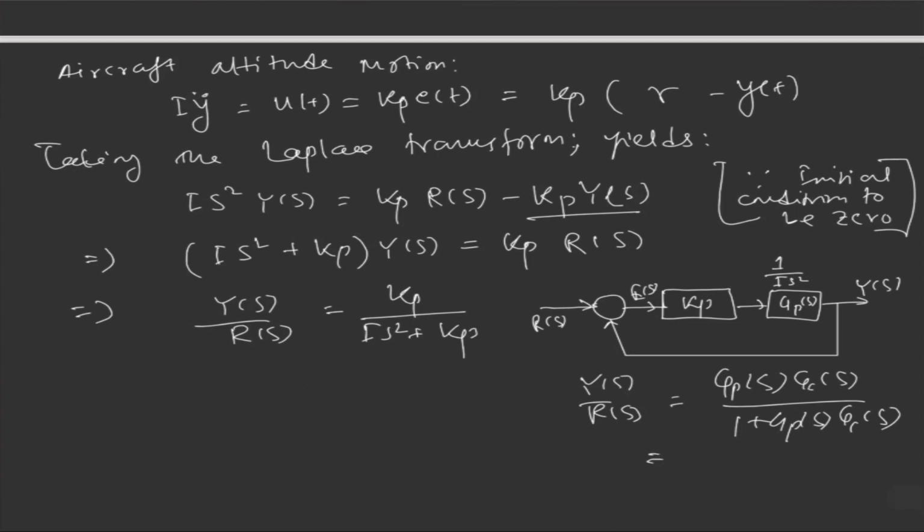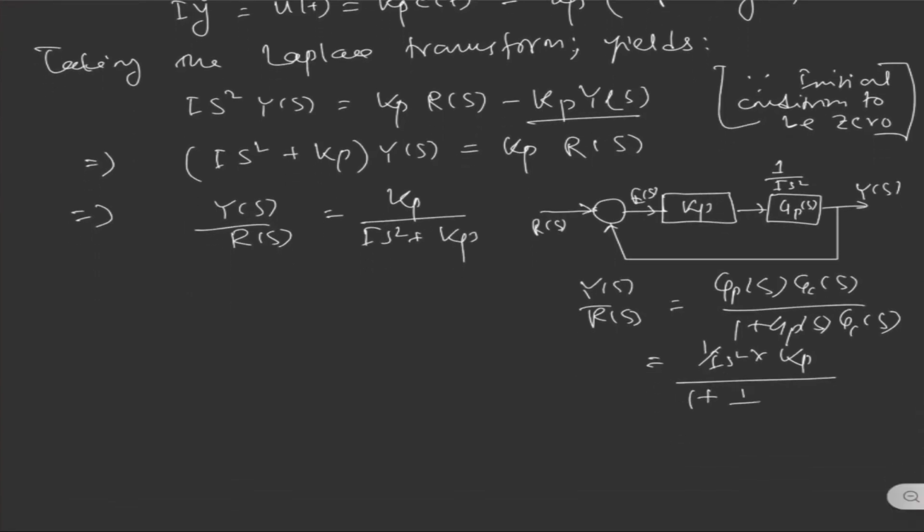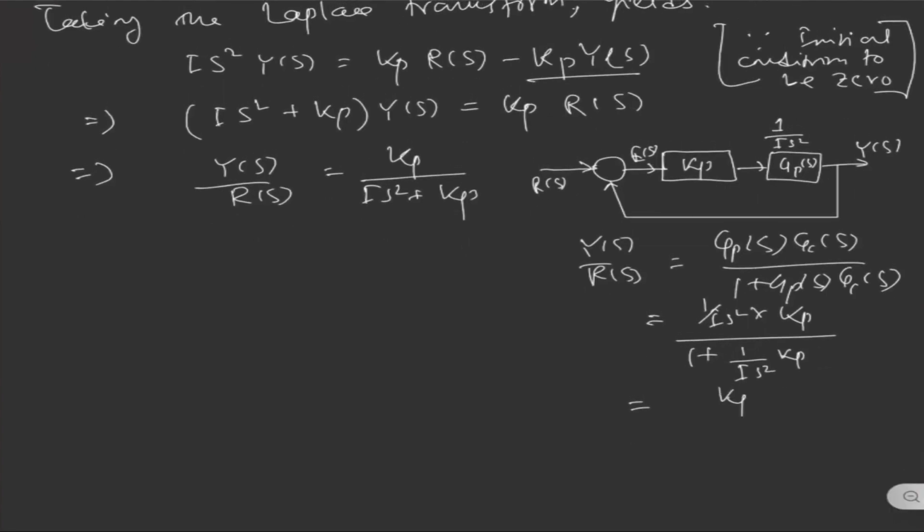If you substitute Gp(s) as 1 upon I s square and Gc(s) as Kp, divided by 1 plus 1 by I s square into Kp, and solve this expression, you'll get Kp divided by I s square plus Kp. The same expression we are getting.